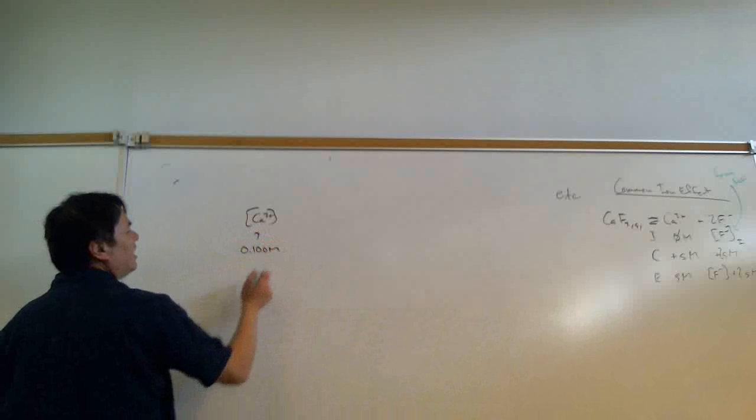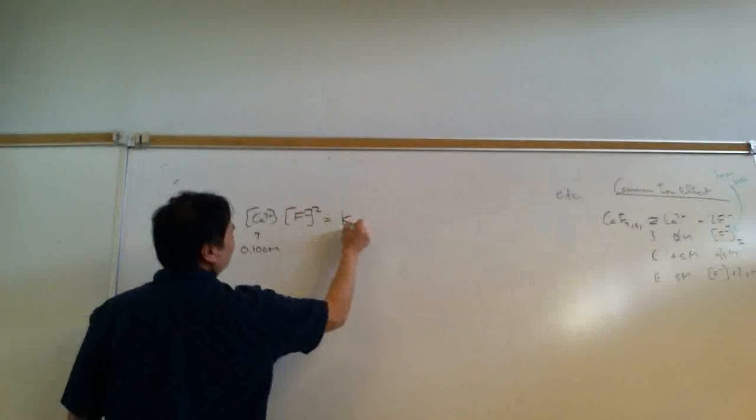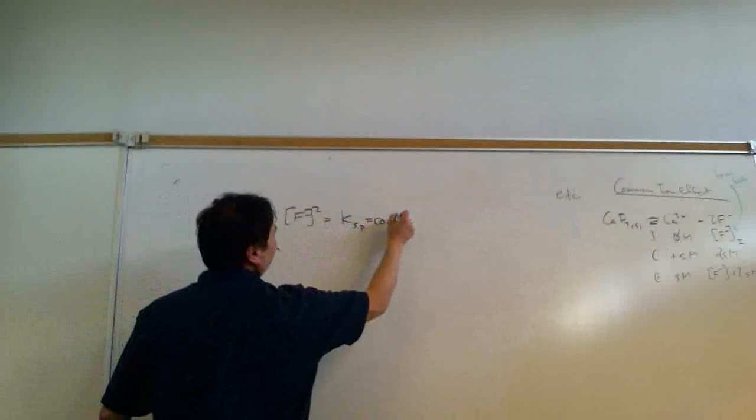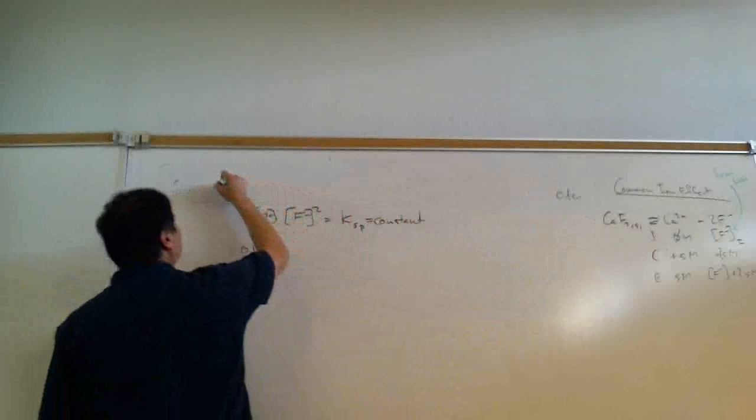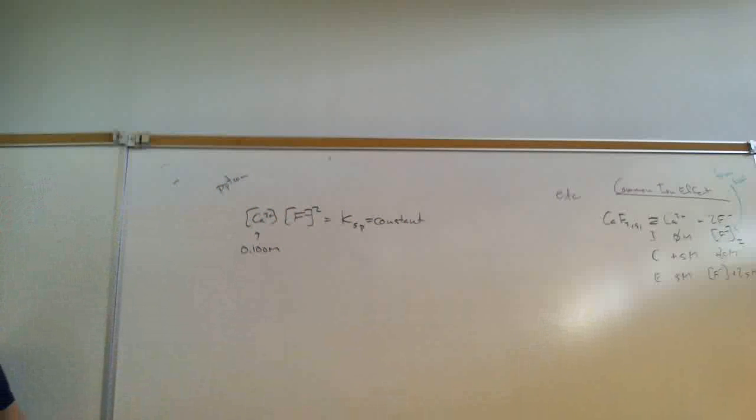Let's say there's 0.100 molar calcium. In precipitation, how much fluoride would I have to add to precipitate out 100% of my calcium?